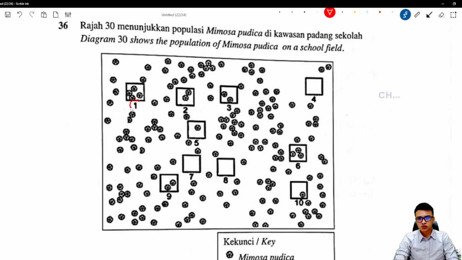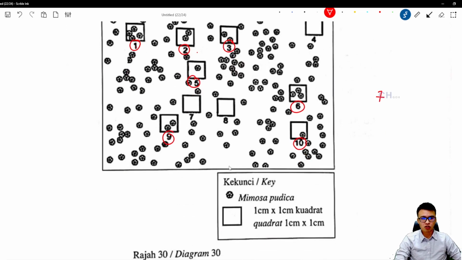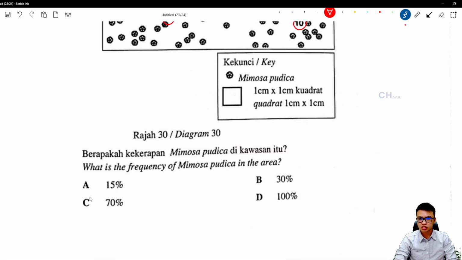So we have the first one, second, third, 9, 10, 6, and 5. Total 1, 2, 3, 4, 5, 6, 7. 7 of the quadrats have the species out of 10. So the frequency is 7 out of 10. That means 70% frequency. The answer is 70%.